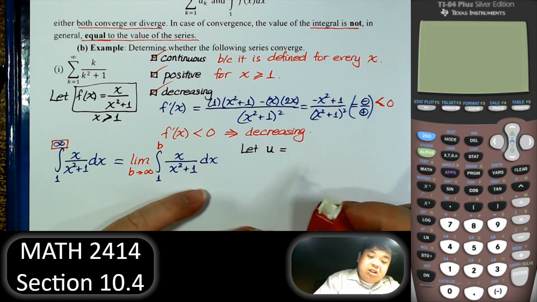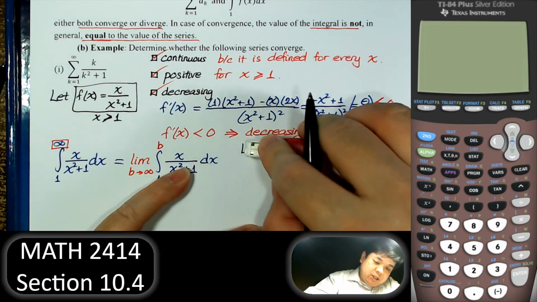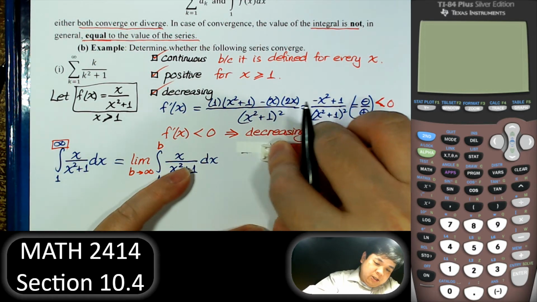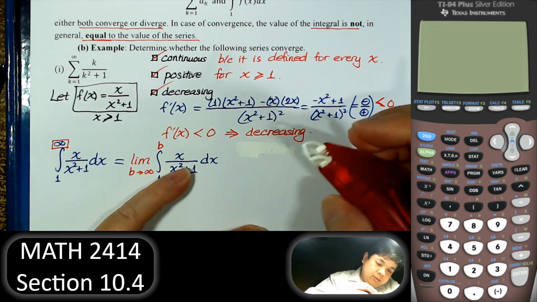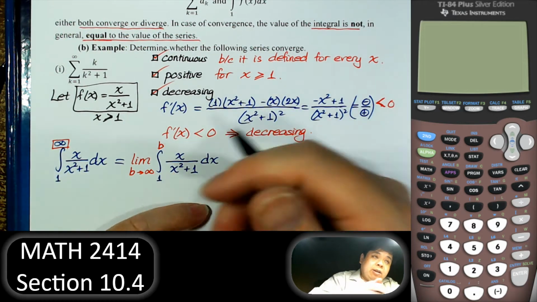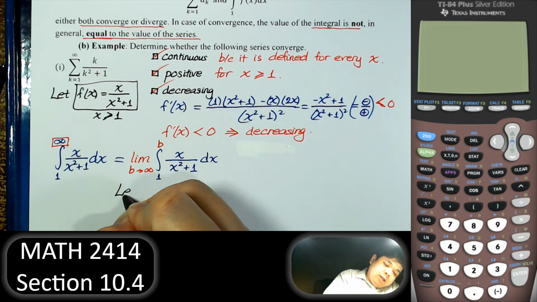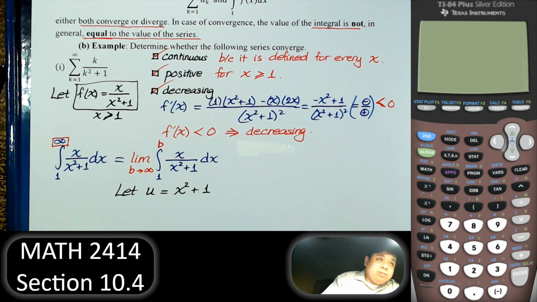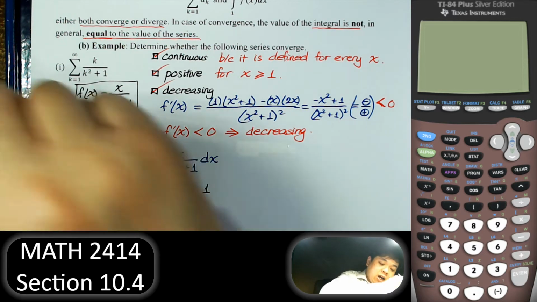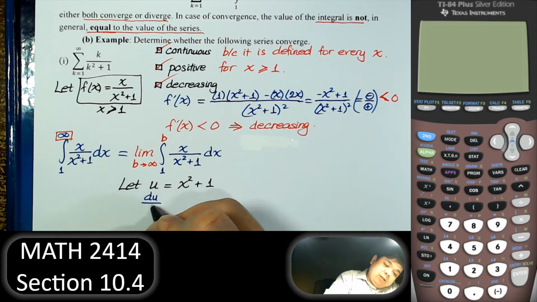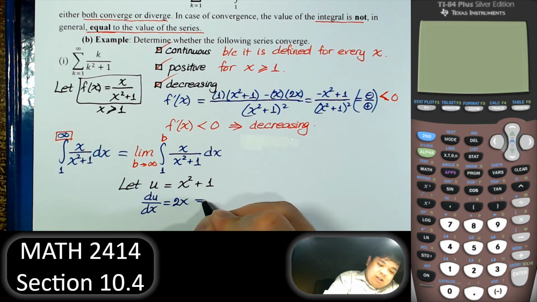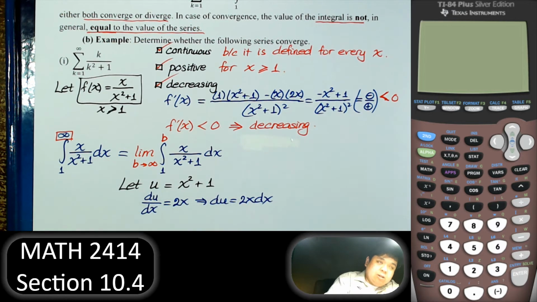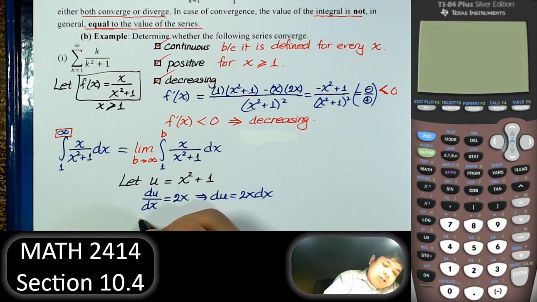I just want to be consistent with the way I do things. Let u be x squared plus 1, the bottom. Take the derivative. Move the dx, and then divide by 2x.